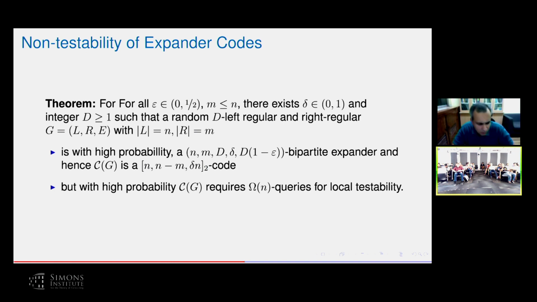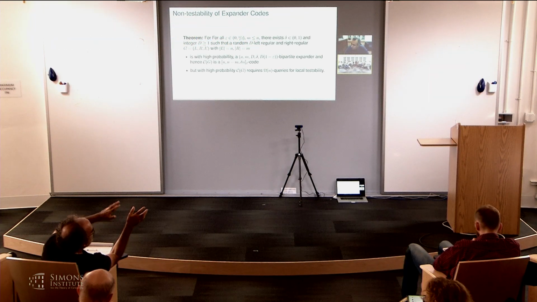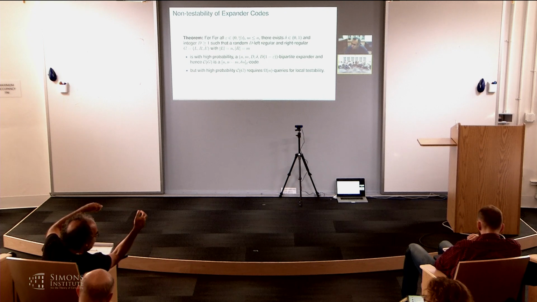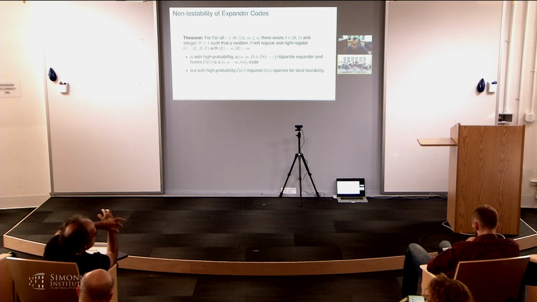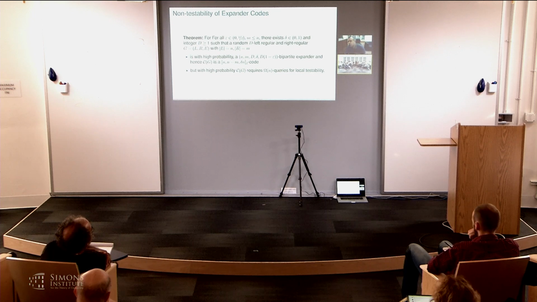Would it still be true that the last statement in this slide holds? What's the configuration model? Every vertex on the left has D half-edges. Every vertex on the right, you give it some choice of numbers. You make them regular or half regular, and then you match the half-edges from the right and from the left. That's the configuration model.